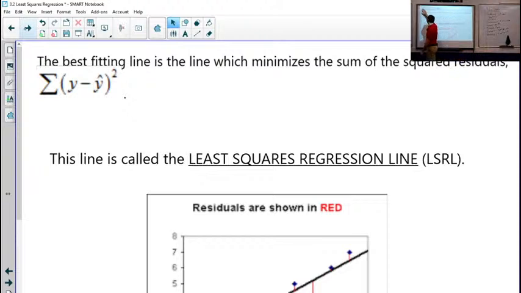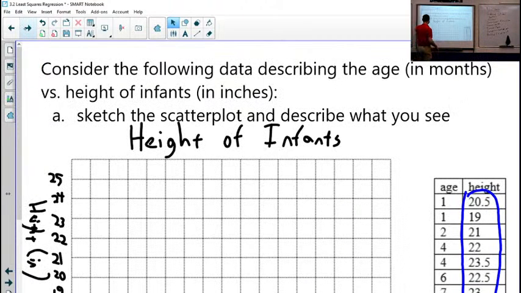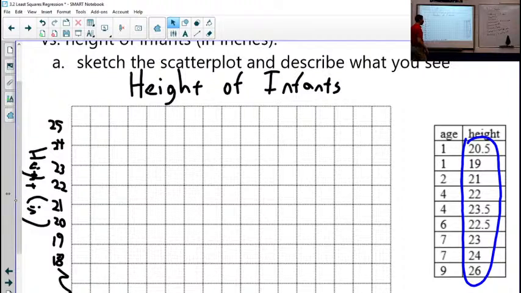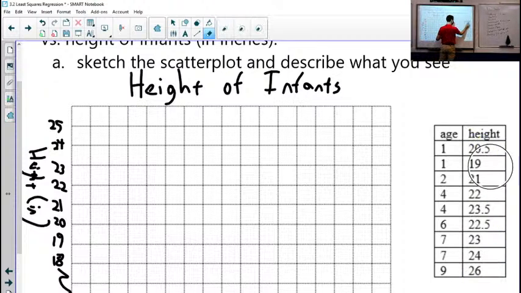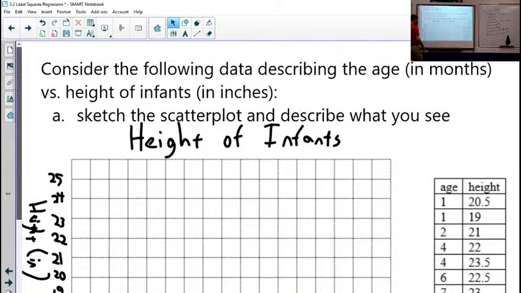So let's look at an example here. Let's make a scatter plot. And you might want to put this data into list 1 and list 2 on your calculator and get a scatter plot from there.